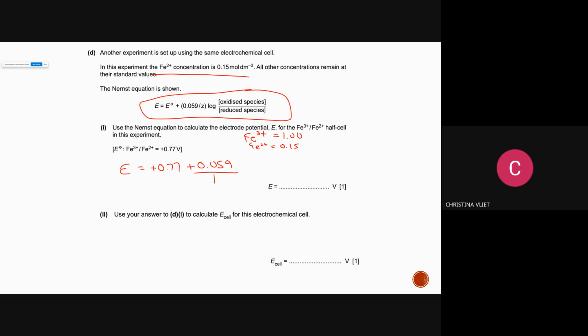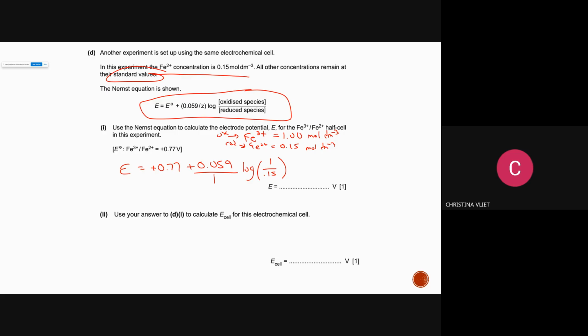So that's the oxidized form, isn't it? And this is the reduced form. That's the trap. Because it said it's standard. So you knowing standard is 1 molarity is super important here, isn't it? Because if you don't know it's 1, you're not going to solve this. You have to know that it's going to be now log of 1 divided by 0.15.